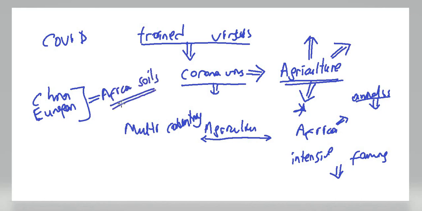Because what they are doing is just making perfect niches for an increased evolution rate, okay? Evolution for RNA viruses.